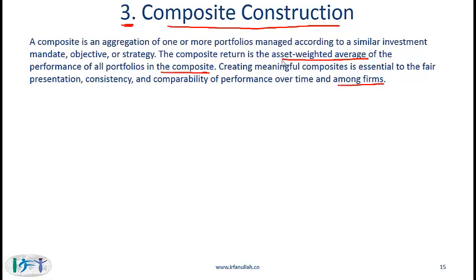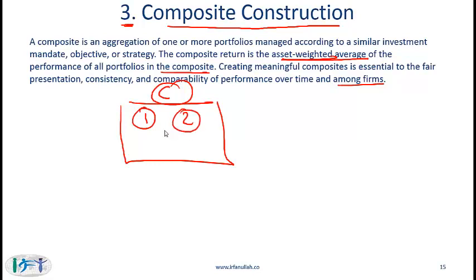Just to make this point related to the weighted average a little obvious, simplistically, let's say that in a particular composite we have 2 portfolios, portfolio 1 and portfolio 2. Let's say that portfolio 1 has a value of 10 million and portfolio 2 has a value of 90 million.